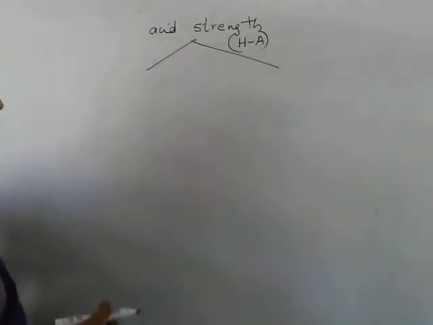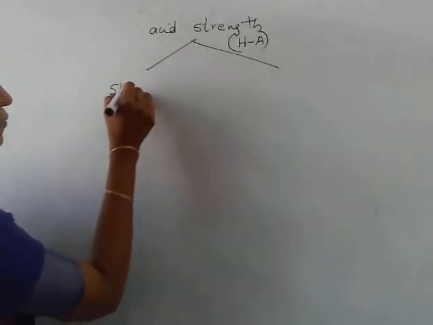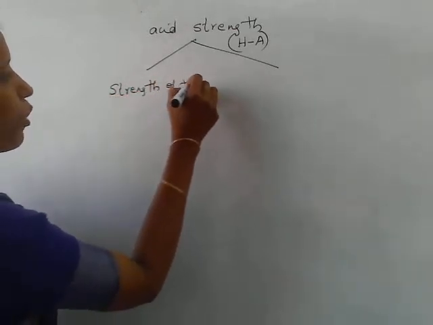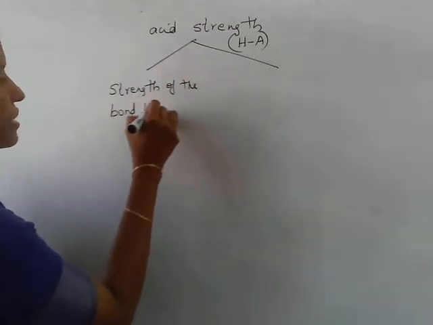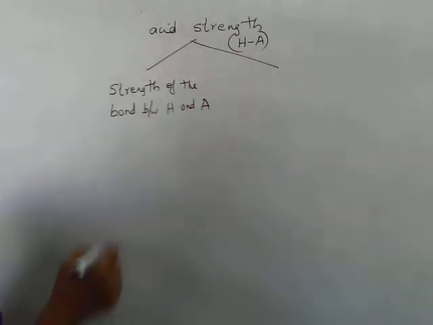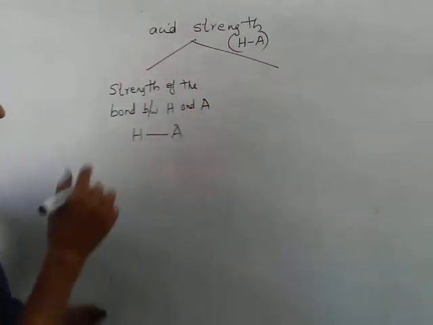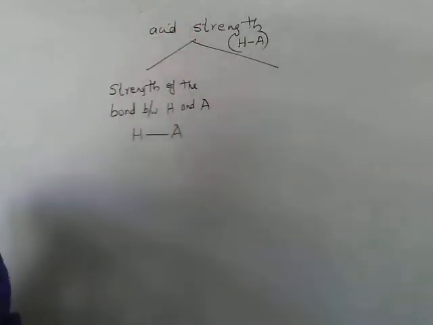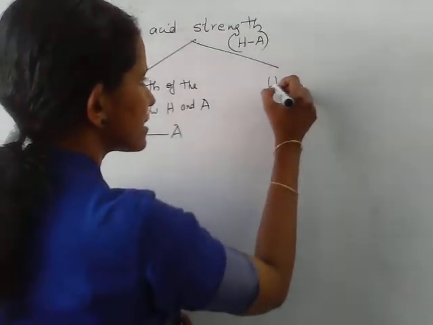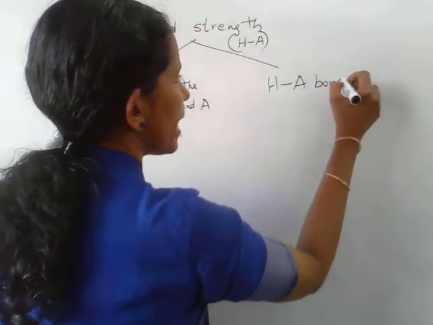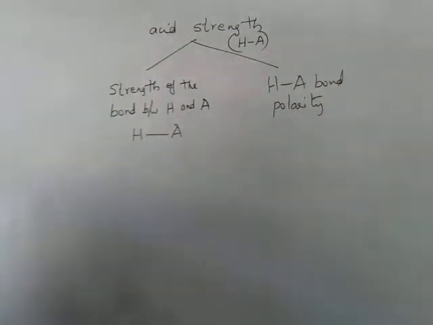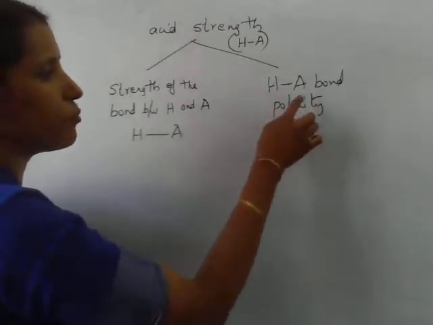The strength of this acid depends upon the strength of the bond between H and A. Bond strength. Acid strength depends on HA bond strength. And the second factor, HA bond polarity. Acid strength depends on HA bond strength and HA bond polarity.